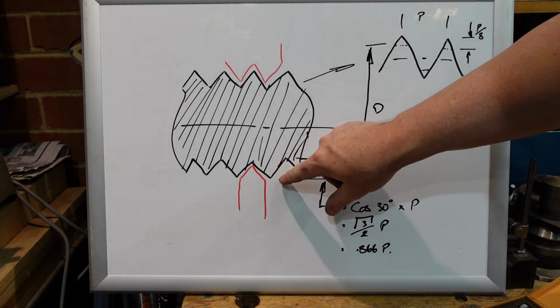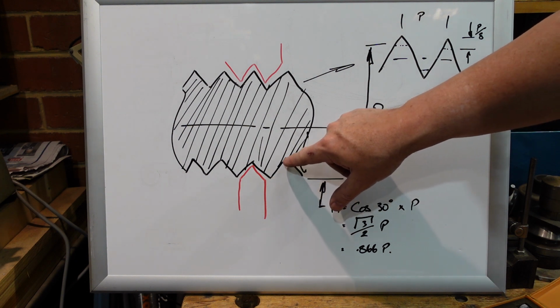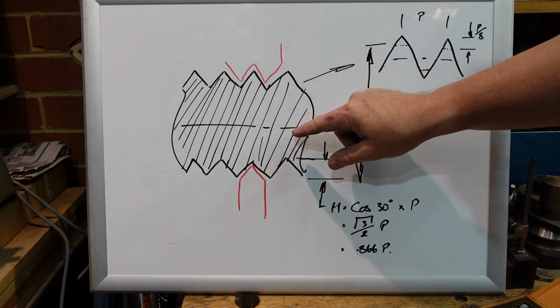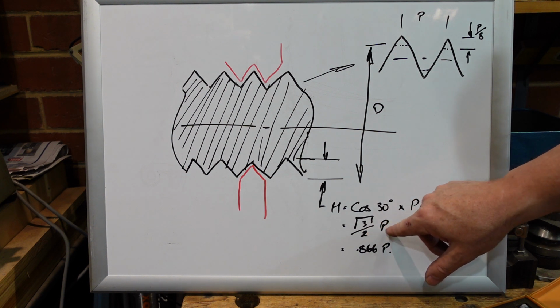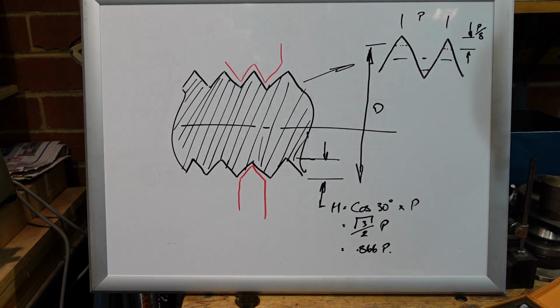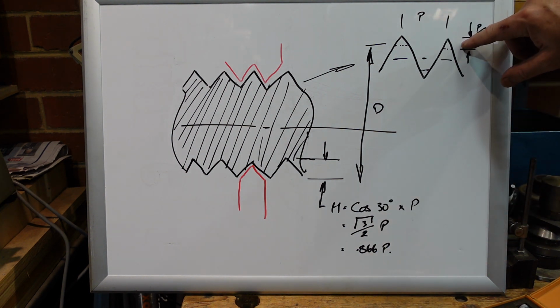The distance between the peak and the trough is going to be cos 30 on 2, which is 0.866P, and then you're taking off 2 times an eighth.